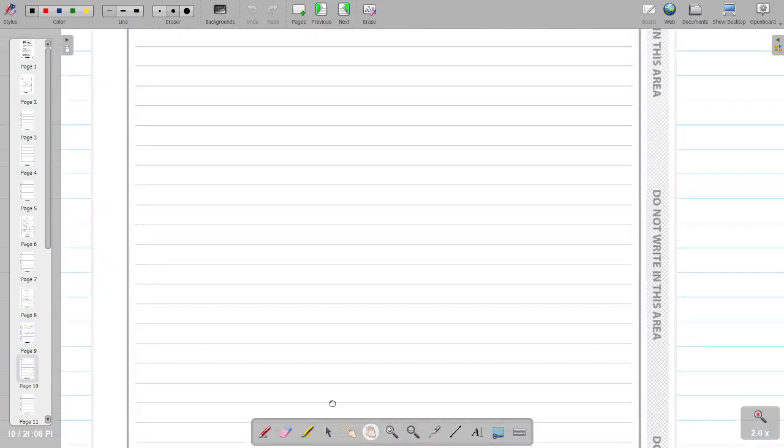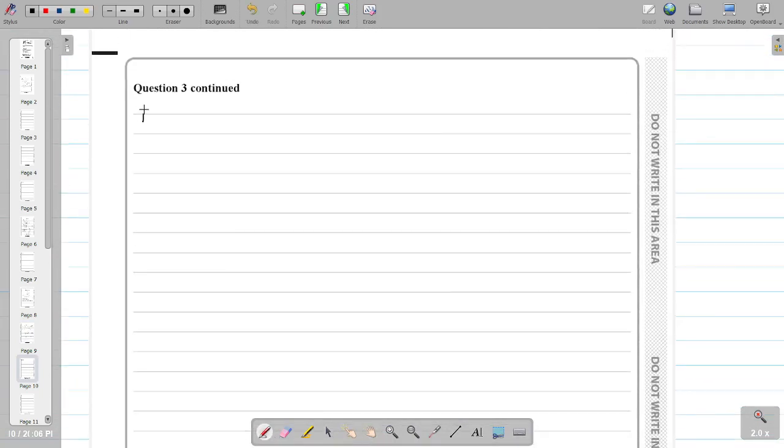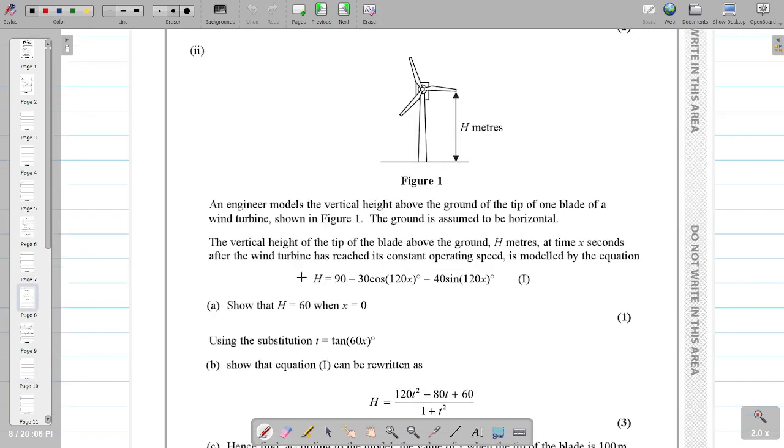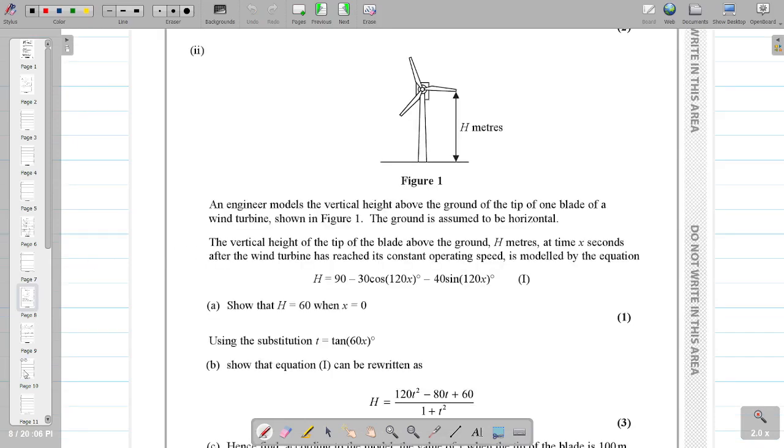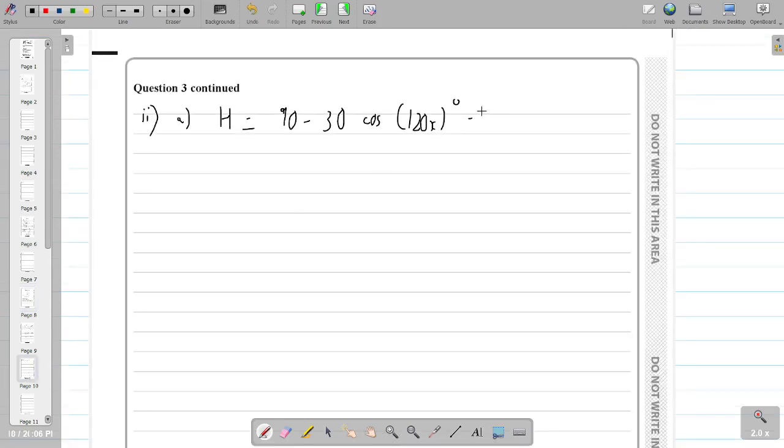All right, so we're going to use this for question 2. So part A asks us to show that h equals 60 when x equals 0. So let's copy down what h is. h is equal to 90 minus 30 cosine of 120x in degrees, minus 40 sine of the same thing.